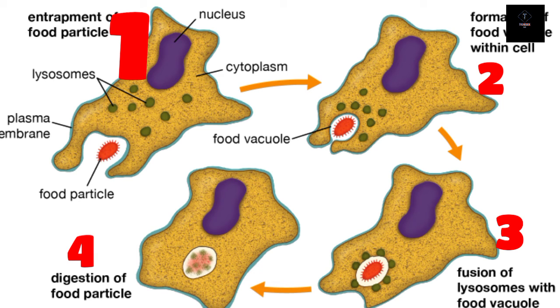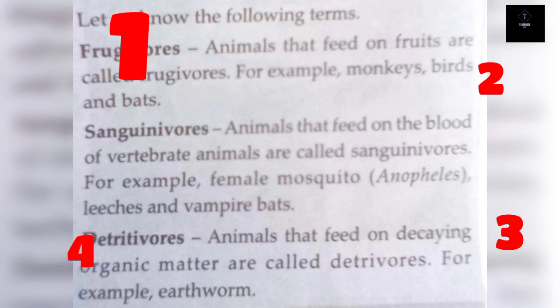When it fuses with the lysosome, which has some enzymes, they digest this food particle in the cytoplasm. Then the waste particles are removed from the body, and this is how these 4 steps are involved in the digestion of nutrition in the amoeba.